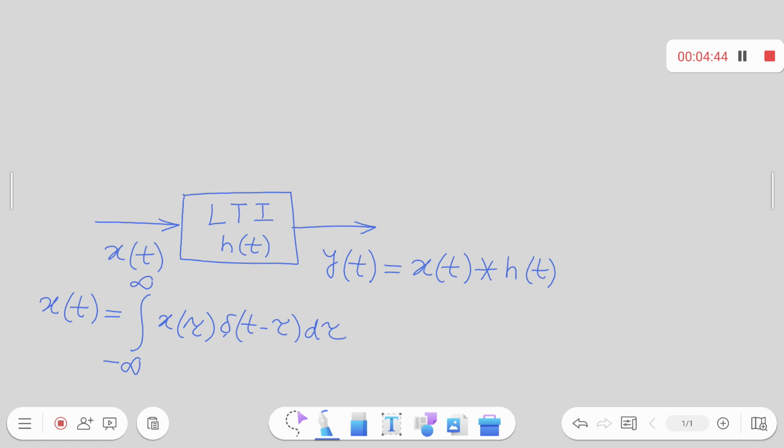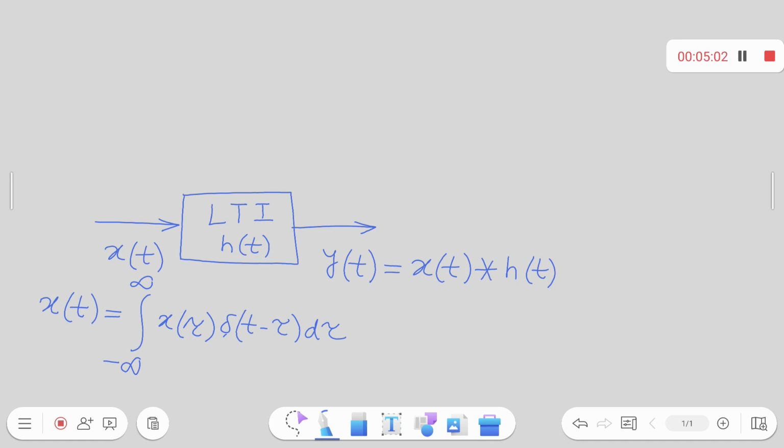For the unit impulse function, the height is approaching infinity and the width is approaching 0, so that the area under the curve is approaching unity. That's a very peculiar function, the impulse function.